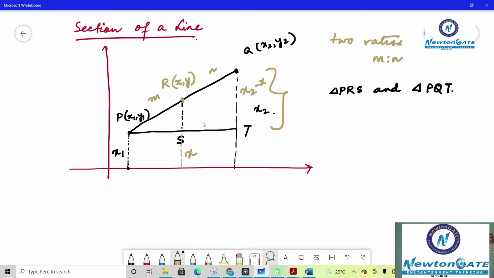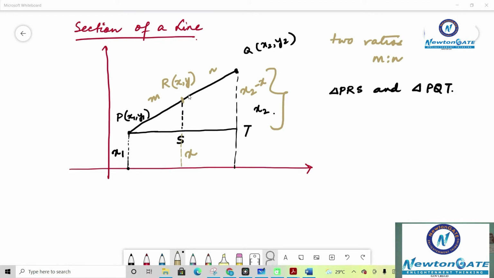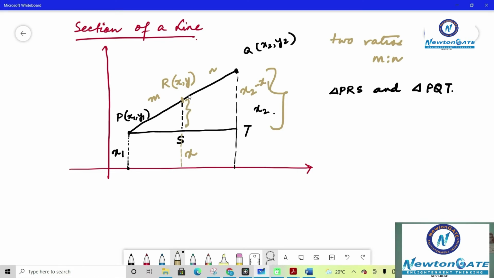Now, the next is this length. Sorry, this will be x2 minus x1, while this length will be x minus x1, because as you can see x1 is the smallest known length over here, and this R has a distance of x from the x axis. Now similarly here the length of PT will be y2 minus y1, whereas it will be y minus y1 in this case.